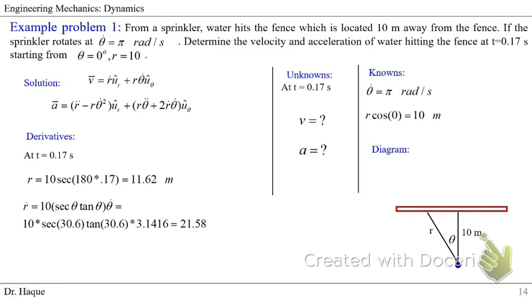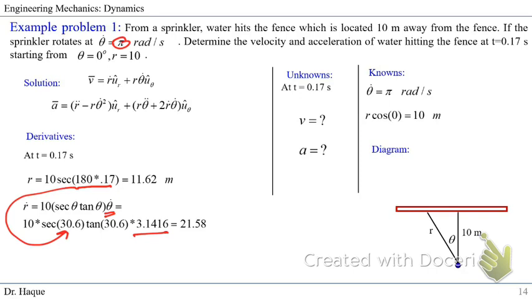So this r is 11.62 meter. Now for r dot, we just have to plug in these values. r dot is 10 sec theta tan theta. If you multiply 180 by 0.17, that is 30.6. So I just plug these values into 10 sec theta tan theta, and theta dot is pi, so 3.1416.